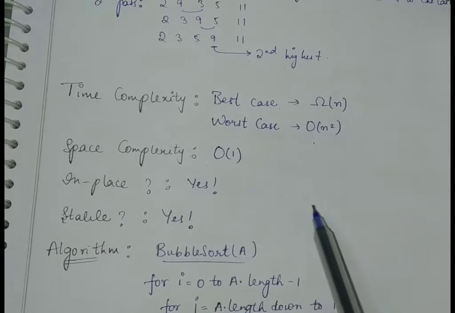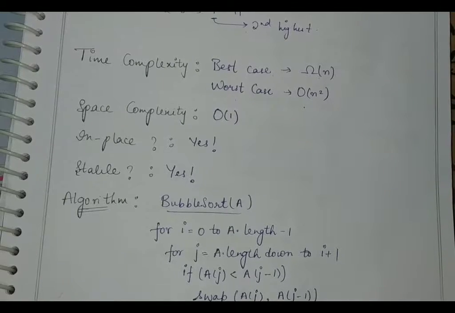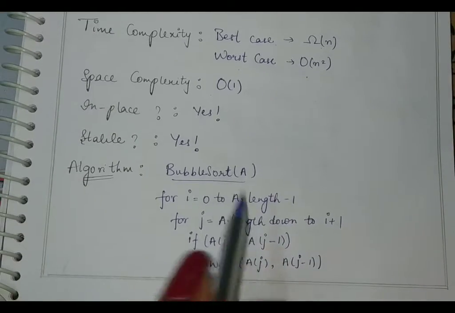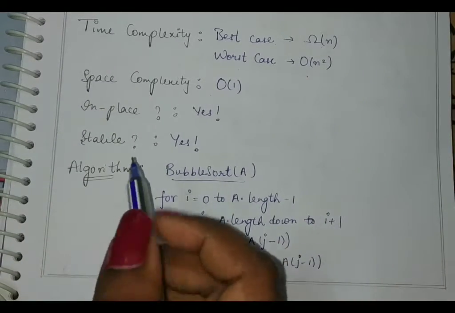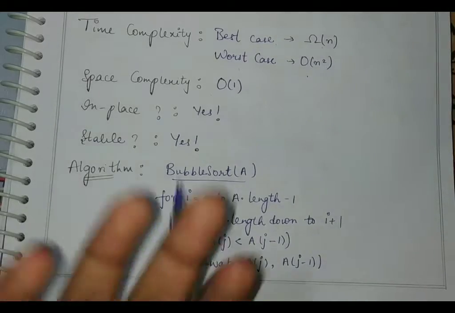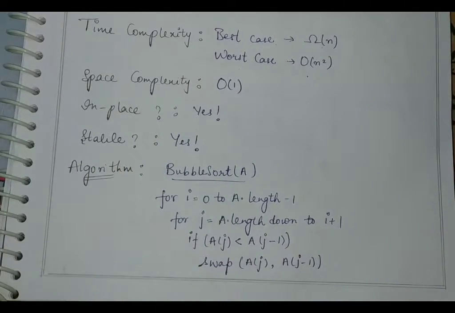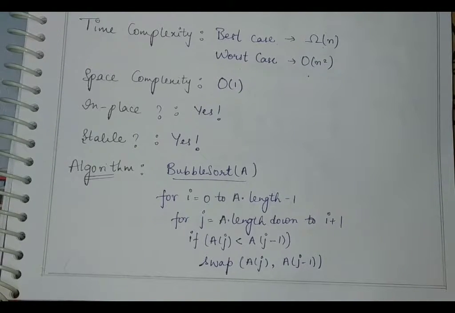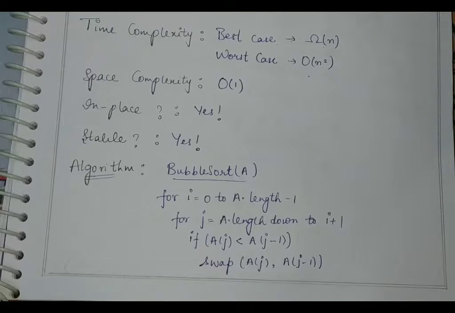And what about in place and stable? It's not really important, but I have the definition, so I'll just read it out for you. An in place sorting algorithm uses a constant extra space for producing the output, that is, for modifying the given array.